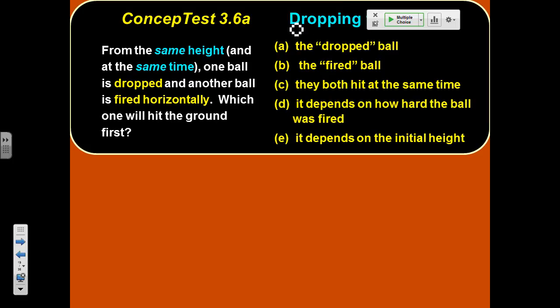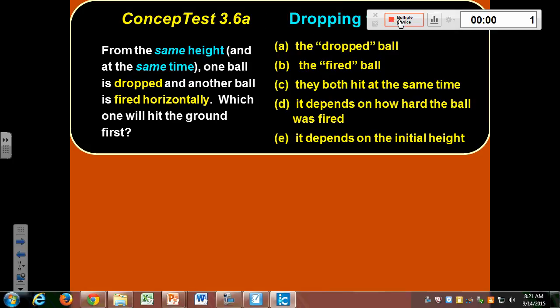From the same height and the same time, one ball is dropped and the other ball is fired horizontally. Which one will hit the ground first?